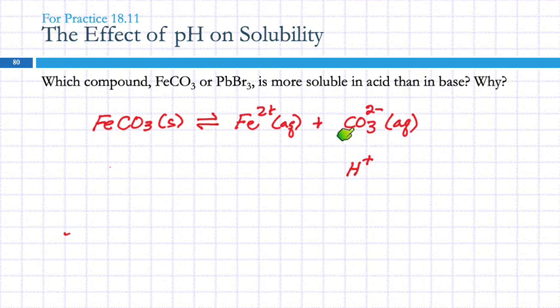It's going to react with it to form hydrogen carbonate ion or maybe even carbonic acid. But the result is the same. I'm removing product. The acid is removing product. So Le Chatelier's principle says you take away product, equilibrium shifts to the right. Okay? Once you see it, you're just like, oh, yeah.